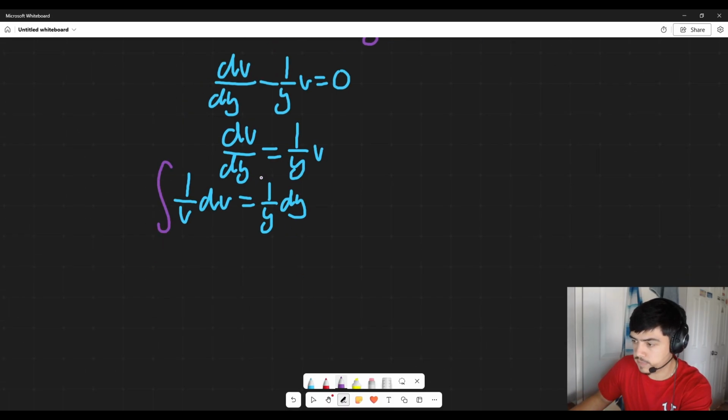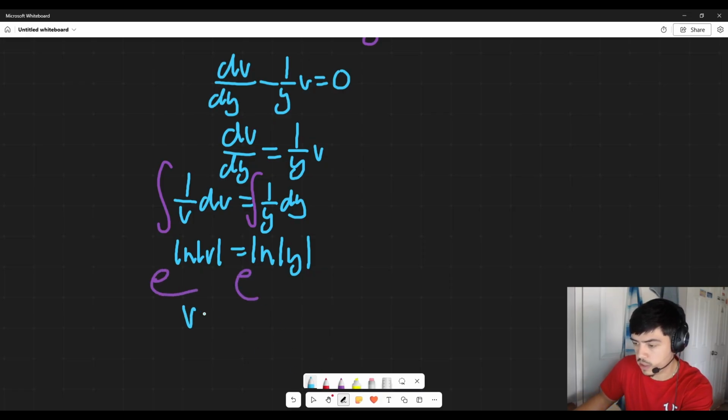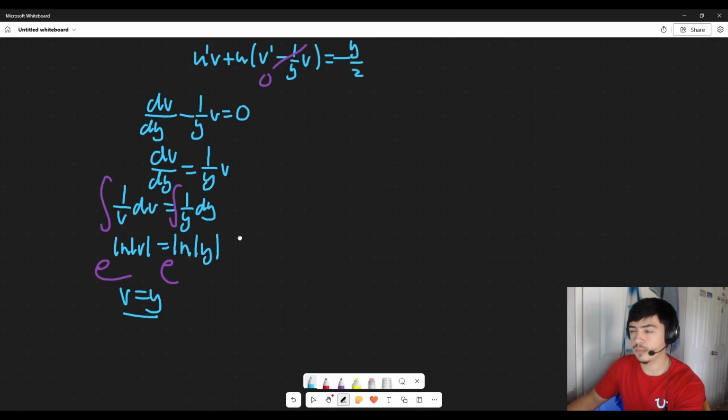Integrating both sides, this is pretty routine by now, we get natural log of v equals natural log of y. Raising e to both sides, like we always do, we get v equals y. Perfect. This is a pretty clean example. It's pretty easy to work with.